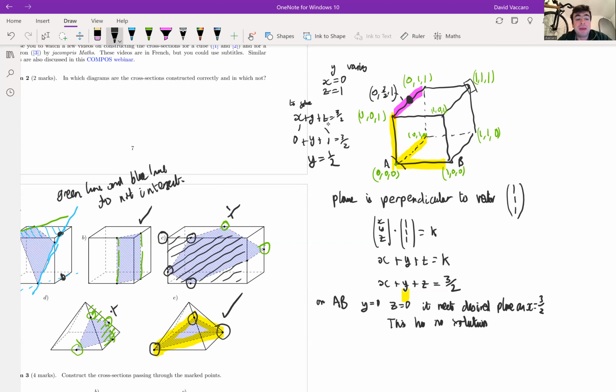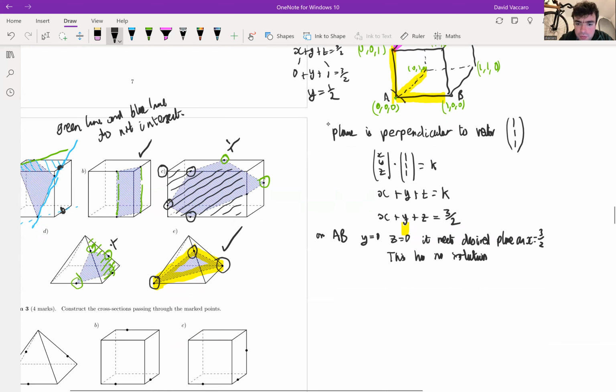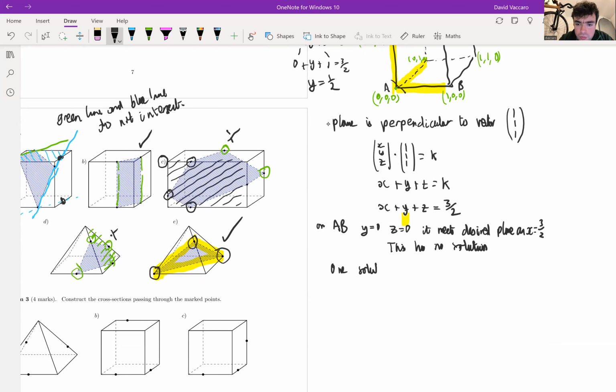Now we've got a very big geometrical idea coming up here, okay, which is symmetry. So by symmetry, if one point on the intersection of the plane and the edges of the cube is 0, 1/2, 1, so we have one solution is 0, 1/2, 1.